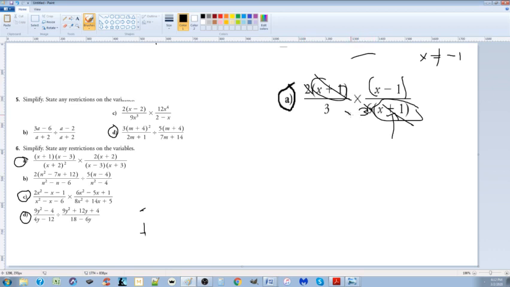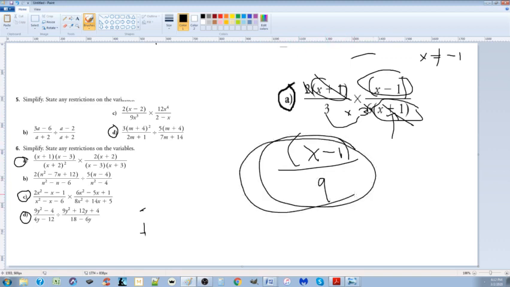So we're left with 3 times 3 down here, and no numbers up there. We're left with just x minus 1 up there. So what we're left with is x minus 1 at the top, and underneath we're left with 3 times 3, which is 9. That's the final answer. And you can see you can simplify group terms. It was a bit tricky not putting this in parentheses originally, but because it's x minus 1 here, you might as well just put parentheses around it.